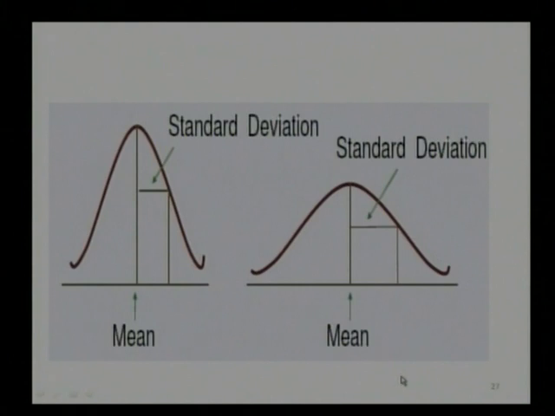Let us see this using this figure. Here the standard deviation is small, so the curve has more peakedness, and in the other case sigma is quite large, meaning the spread of the curve is high. It means your curve is becoming more and more flattened.